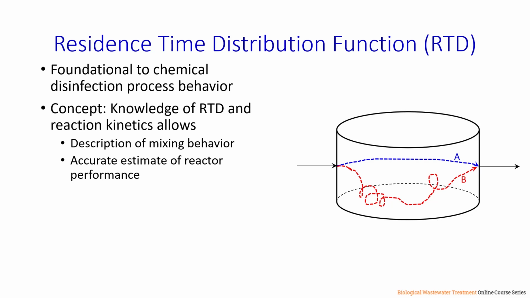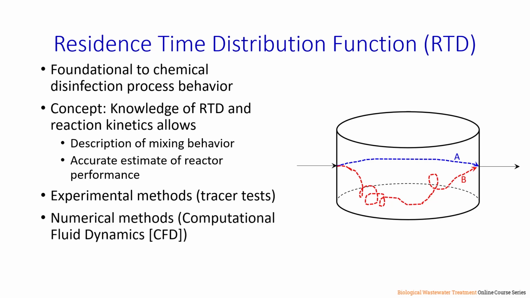In concept, if we know the residence time distribution function and the kinetics, it allows for a description of mixing behavior and ultimately an accurate estimate of reactor performance. In other words, how effectively is this system accomplishing disinfection? Now, oftentimes these numerical simulations are supported by experimental methods such as tracer tests, and I'll mention those again in just a minute.